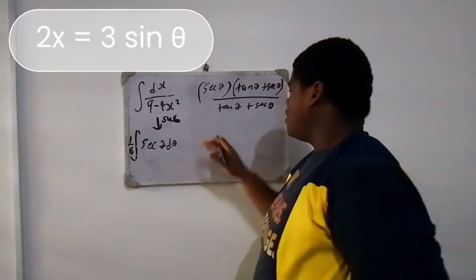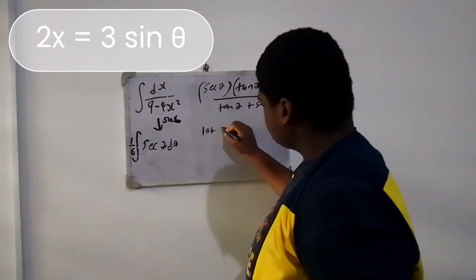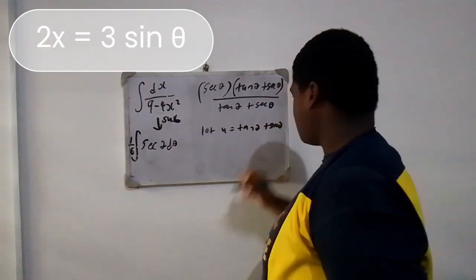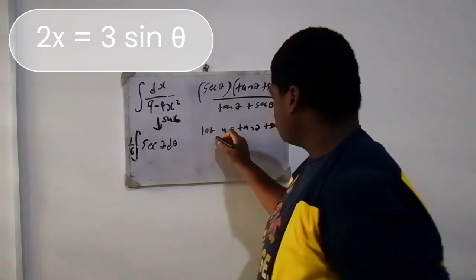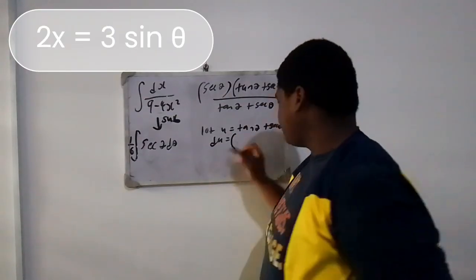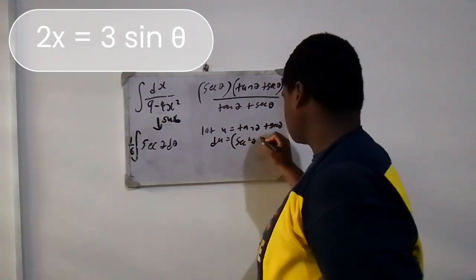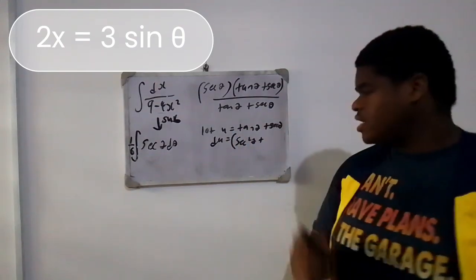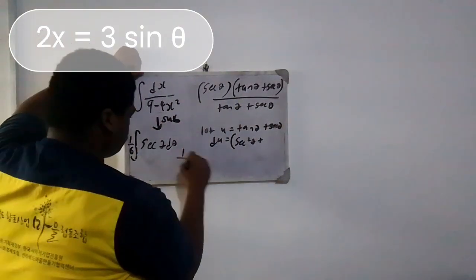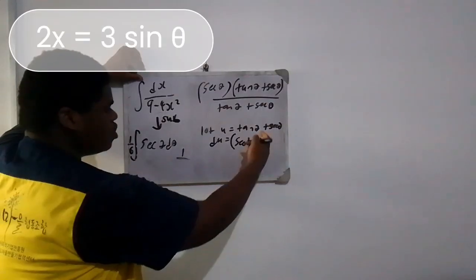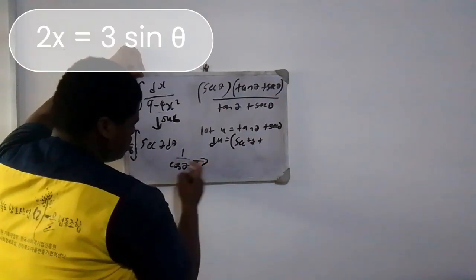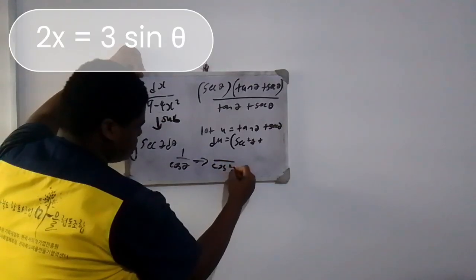First of all, if you say let u equal to tan theta plus sec theta, then what is du? Du would equal, when you differentiate tan theta, sec squared theta. Then we differentiate sec theta, let's find that out, because I don't have that at the back of my head. I used to do it on paper first before I can get the value. So sec theta is 1 over cos theta. This is division by cos squared theta.